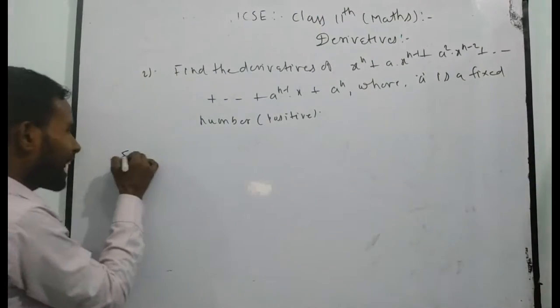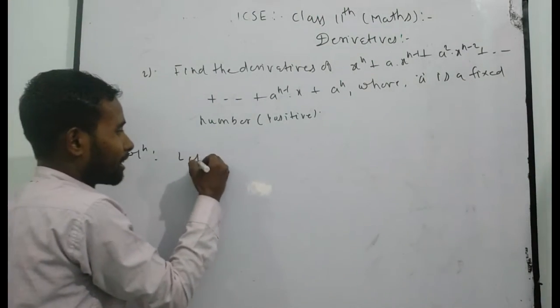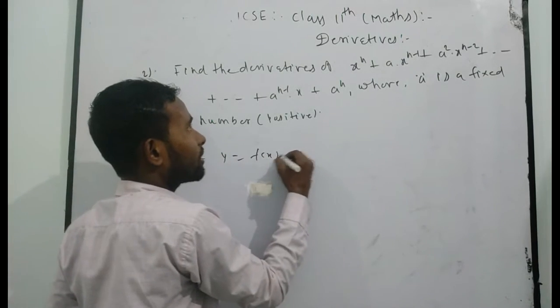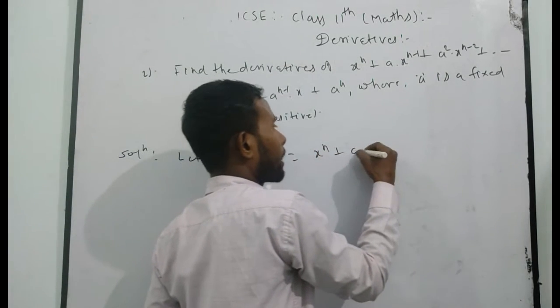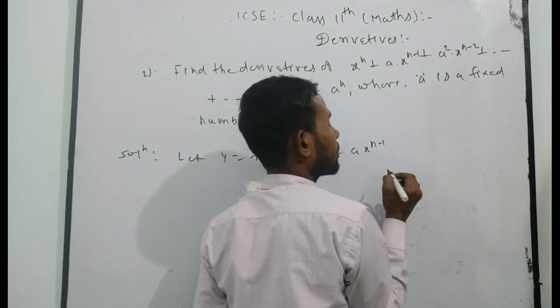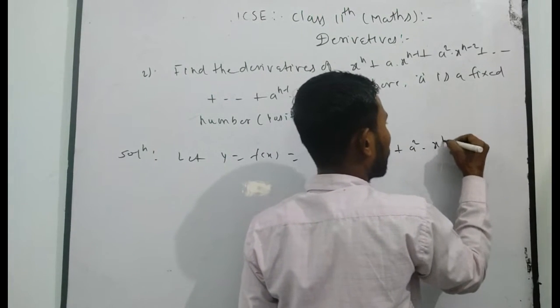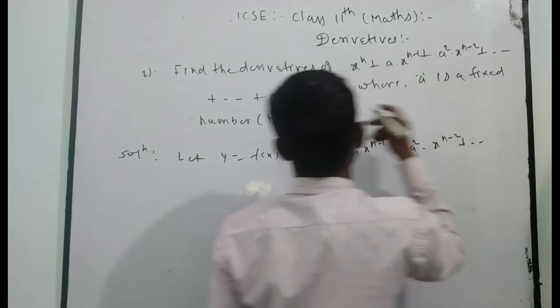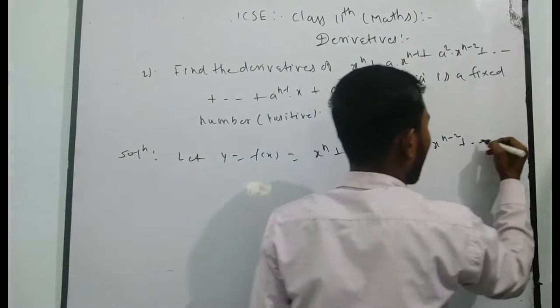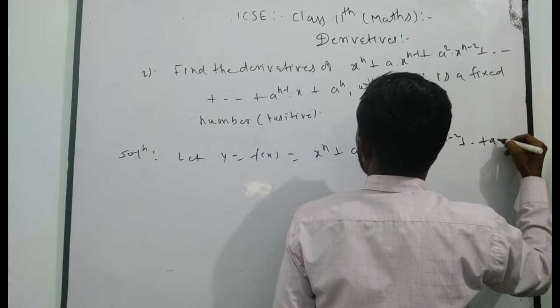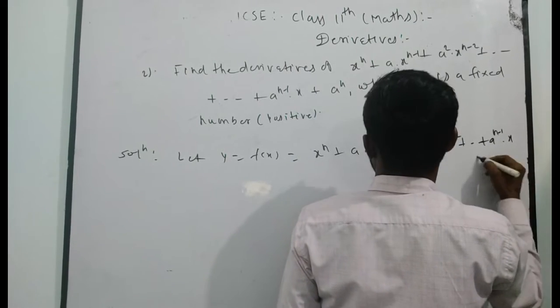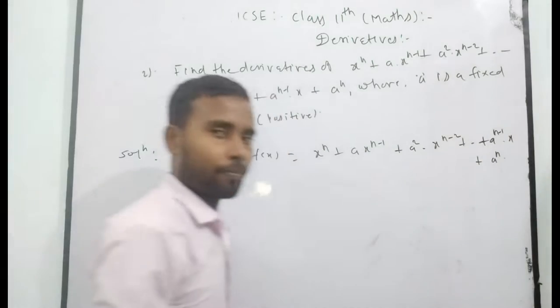How can you solve it? It is also very easy. Let y is equal to f(x) is equal to xⁿ + axⁿ⁻¹ + a²xⁿ⁻² + … + aⁿ⁻¹x + aⁿ.